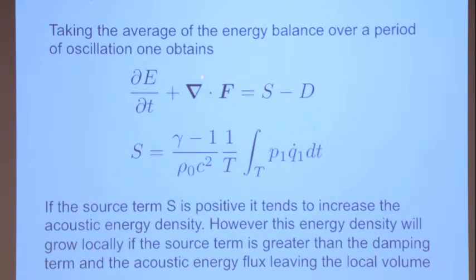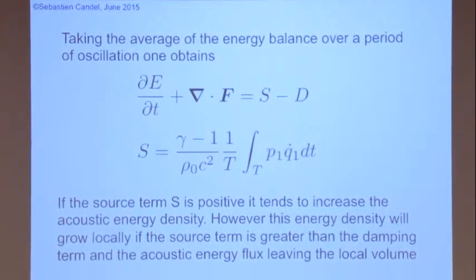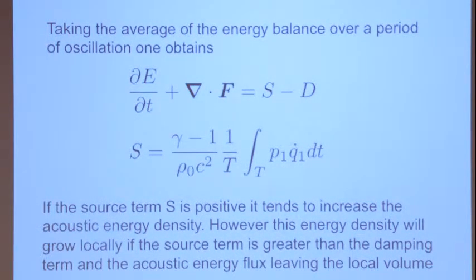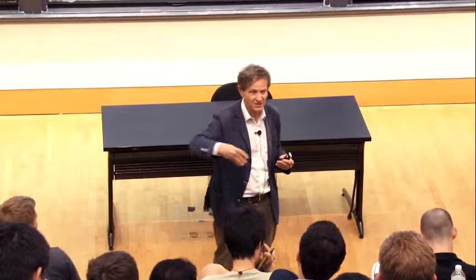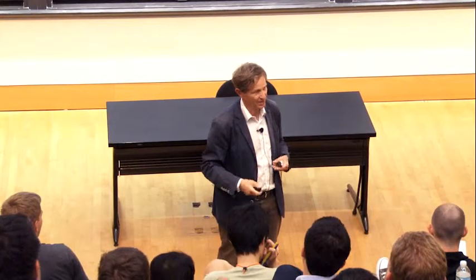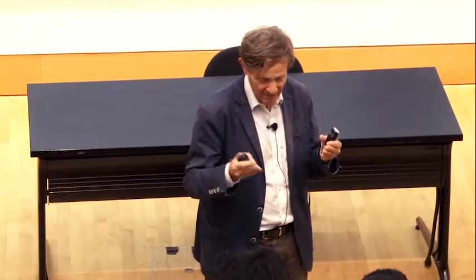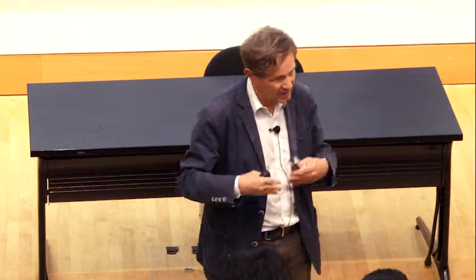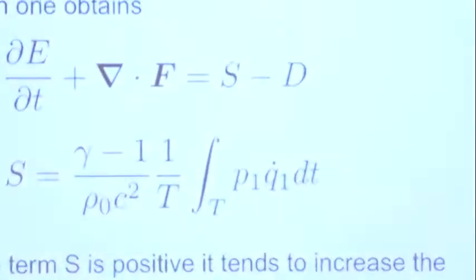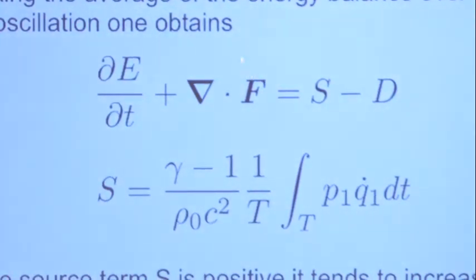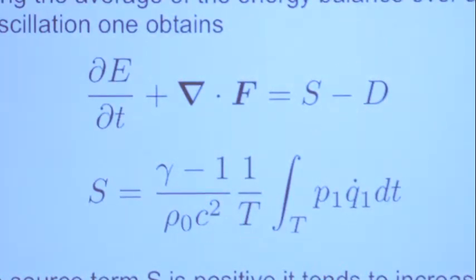So the other possibility to damp acoustics is to have energy leaving the volume. If you have a nozzle, for example, it has a certain impedance, and some energy leaves the system through this impedance. If you have an open end, there is a radiation impedance, and this will also radiate some sound away, and so this will produce a term here. So the energy here will only increase if this term is greater than this and greater than that.